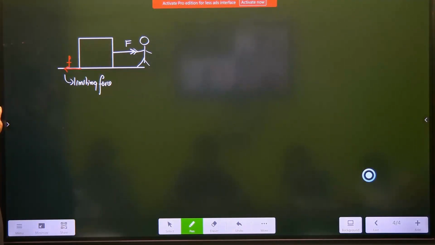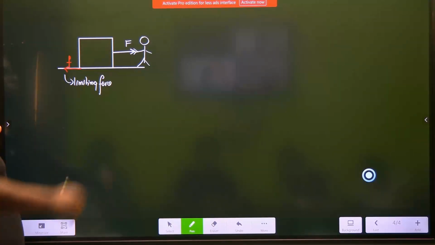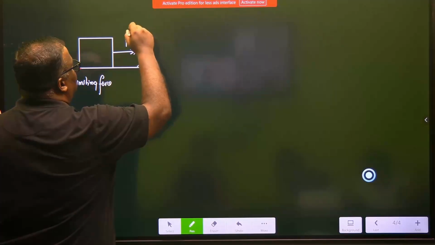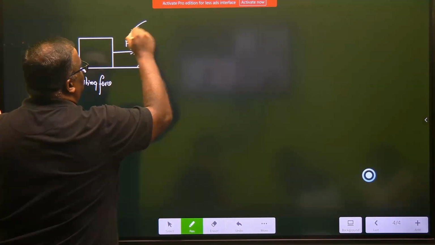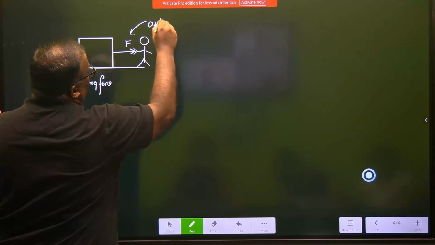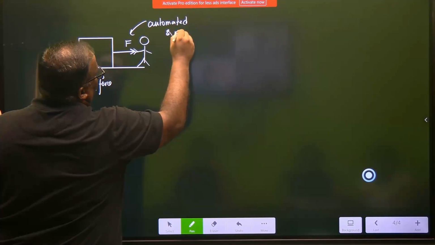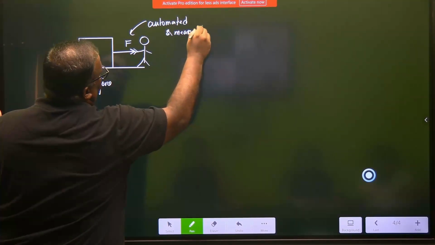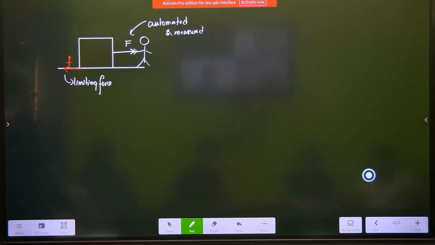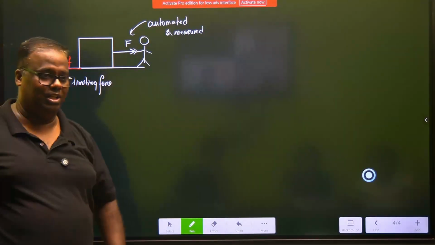We can calculate friction only by the reverse analogy. What is the reverse analogy? Suppose this person is pulling, and this process is automated and measured. It is not that you are pulling it and slowly the force is increasing, right?